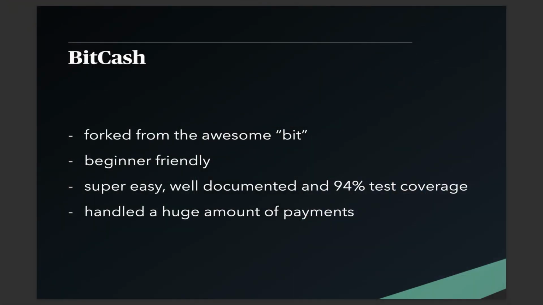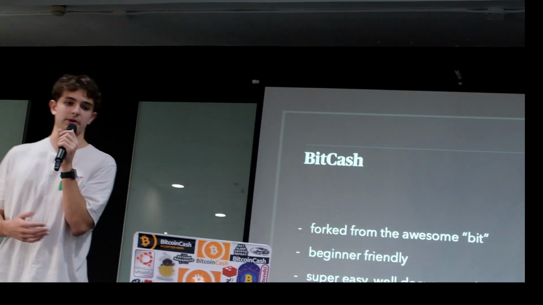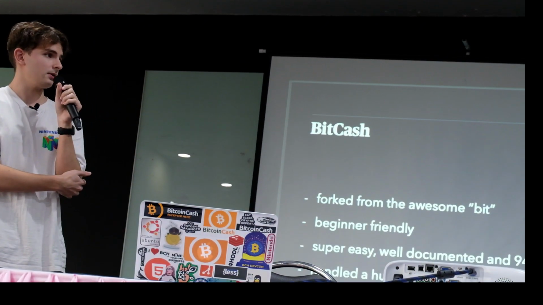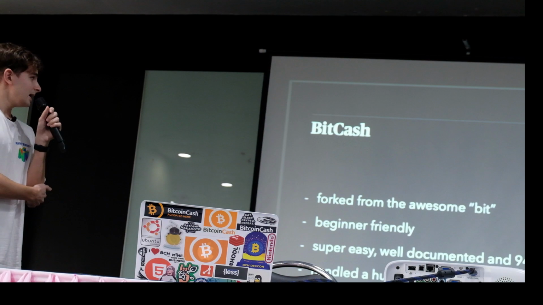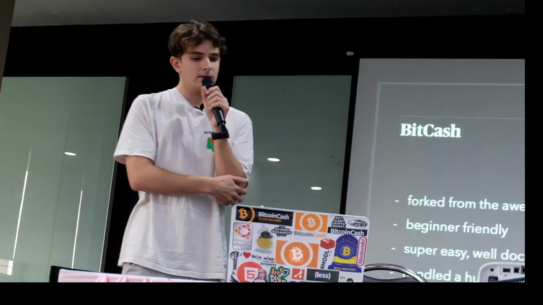I'll just talk a little bit about BitCash. So it was forked from a library called Bit, which is a Bitcoin BTC library. And it was forked in 2017 after the Bitcoin Cash hard fork. It's very beginner friendly, I will show in a moment.